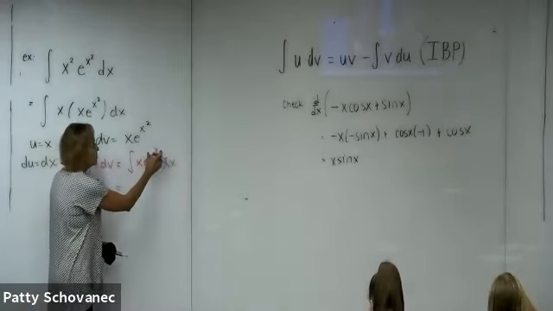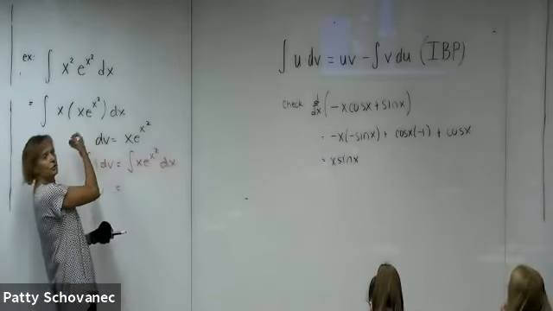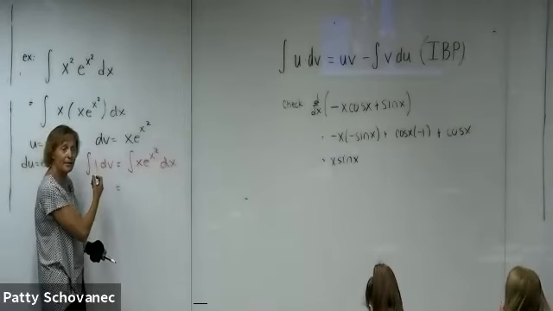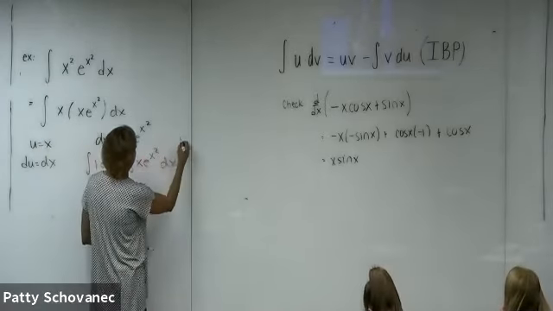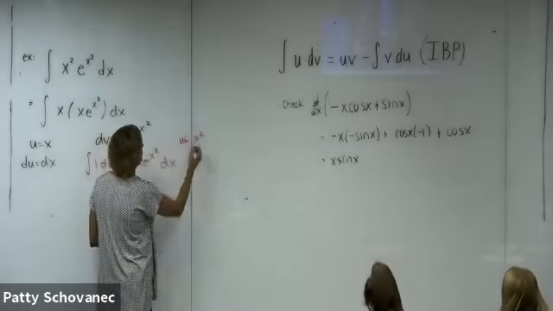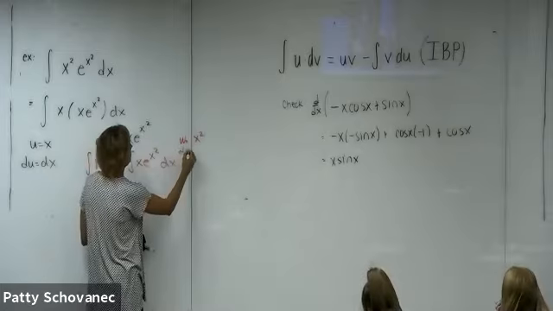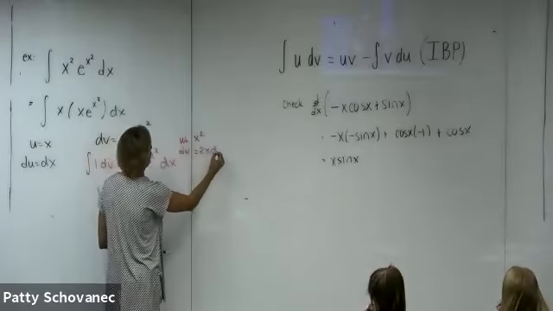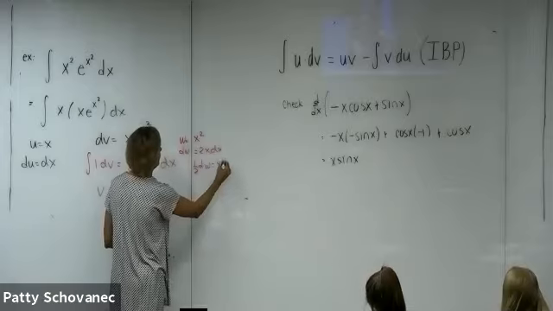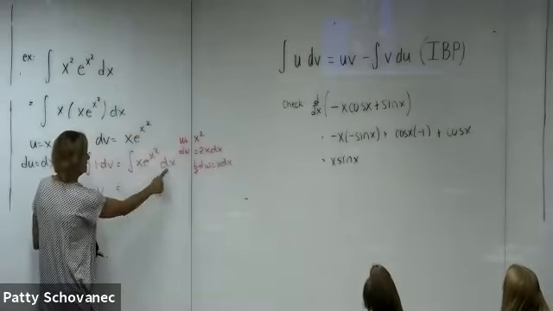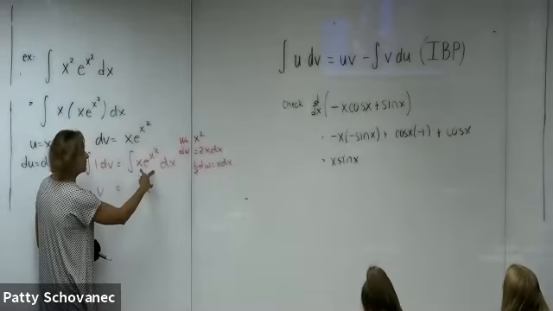Usually we would take this part to be u and then it's du, but I've already used a u in my formula. Let's grab another letter from the alphabet. W. Let's let w be this x squared. And dw is 2x dx. So 1/2 dw is x dx. So that x dx is the 1/2 dw.